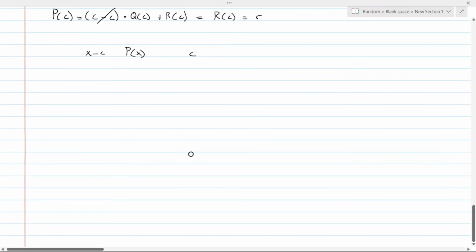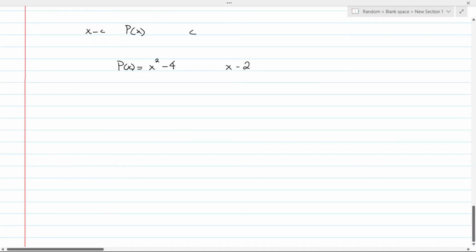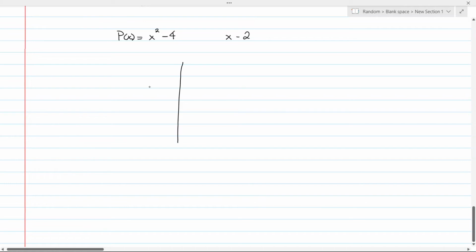For example, p of x is equal to x squared minus 4. X minus 2 is a factor of p of x. Thus, 2 is a 0.